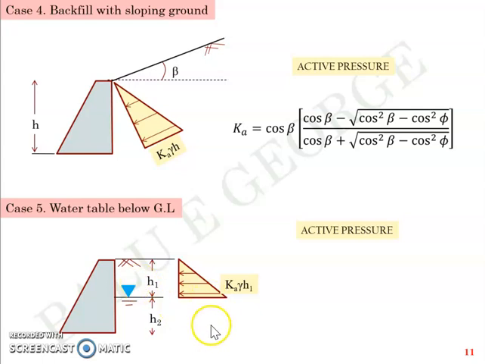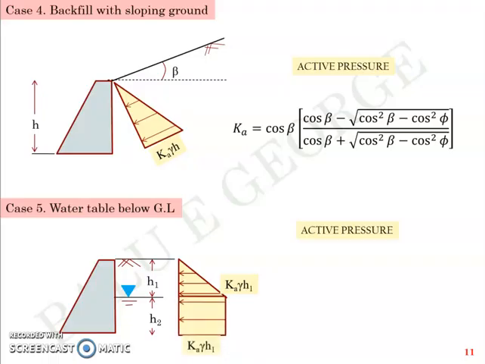Now, beyond this level, which means beyond the interface, gamma into h1 will act as a surcharge, which means at the interface level, gamma multiplied by h1 will be the surcharge load. So that surcharge load will represent a pressure distribution diagram like this, Ka into gamma into h1.